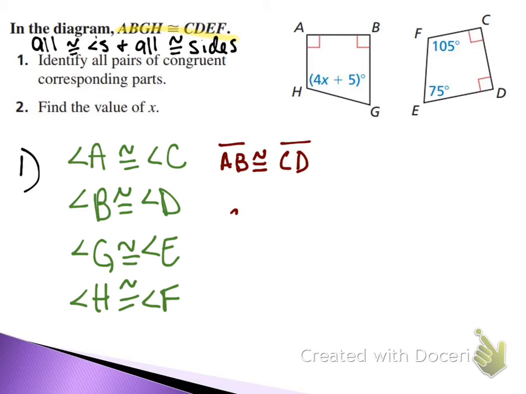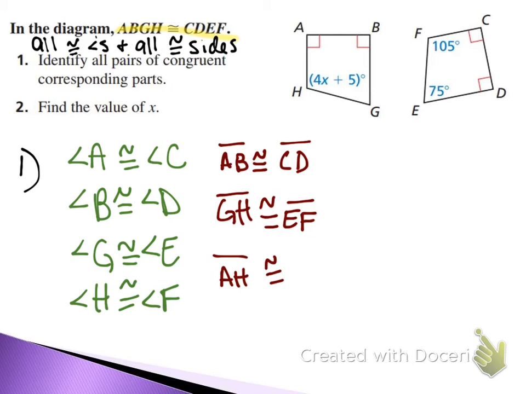GH. If I say GH, then the second one is going to be EF. So Reagan, if you say HG, it's not wrong. You just need to say FE. There are 4 sides, so we need 4 of these. What's the next one? AH.